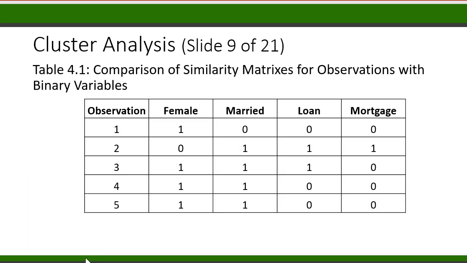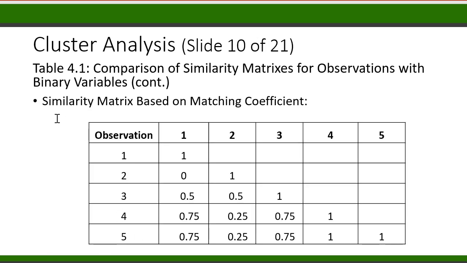So the example in the book of calculating both out to see how similar different observations are, they give you this example. We have this data we're collecting: female, married, loan, and mortgage, yes or no, I guess here instead of amounts. And then using the similarity matrix based on the matching coefficient, we calculate that out and you get values like this.